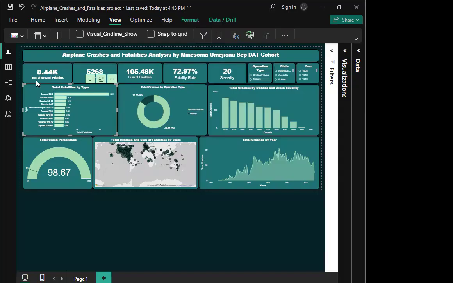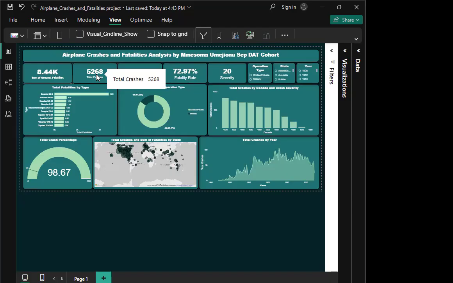Starting with the key metrics up here, we can see that we recorded about 5,268 total airplane crashes in this dataset.